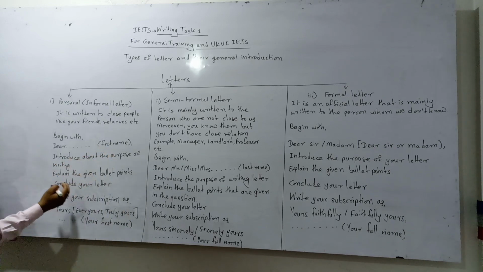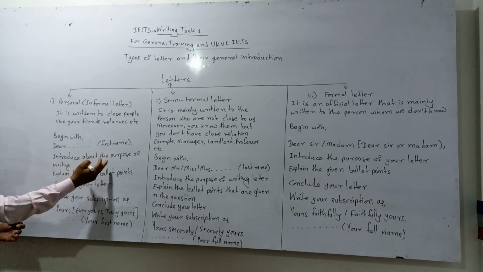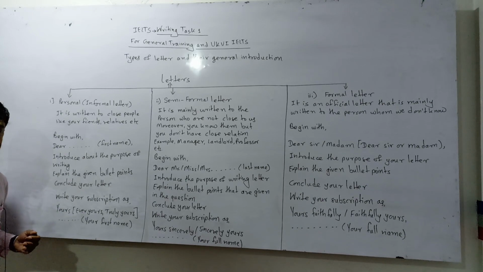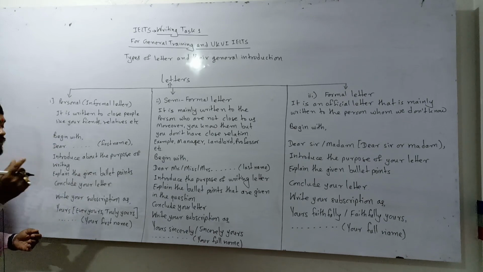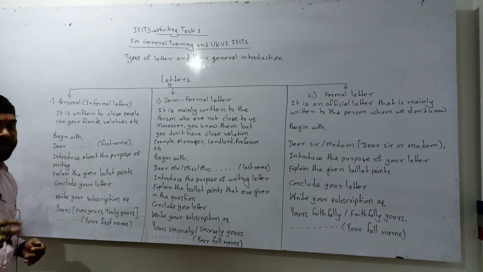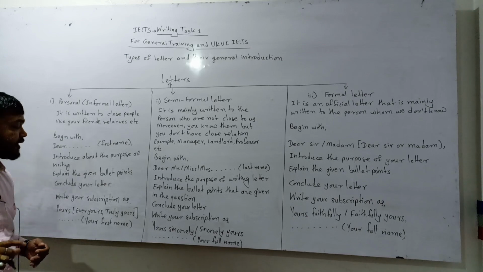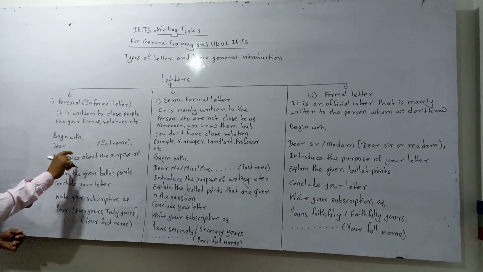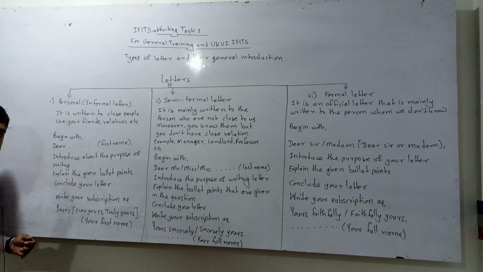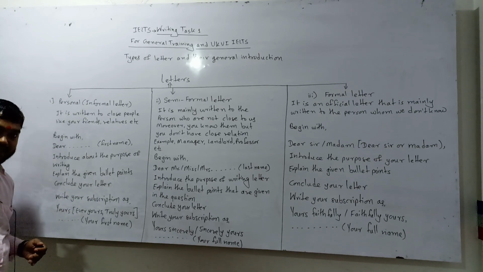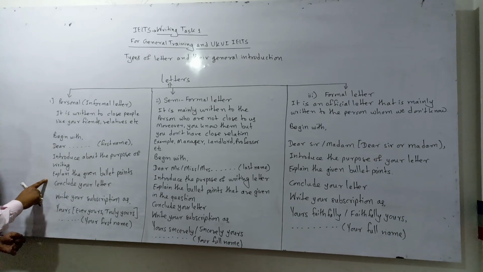Then introduce the purpose of writing. What the major thing is, or what the question is asking, you should mention in the first paragraph, that is the introduction. Make your introduction no more than 2 or 3 sentences, and then go to the next.